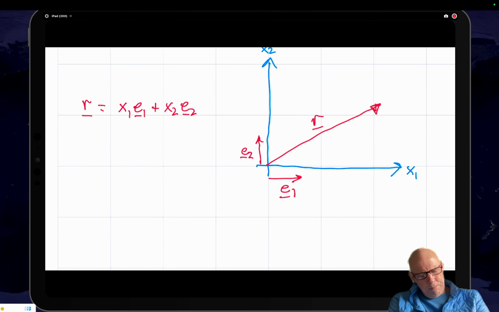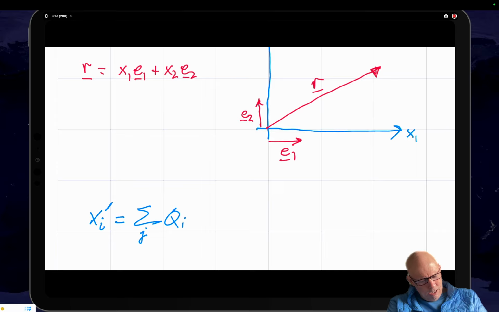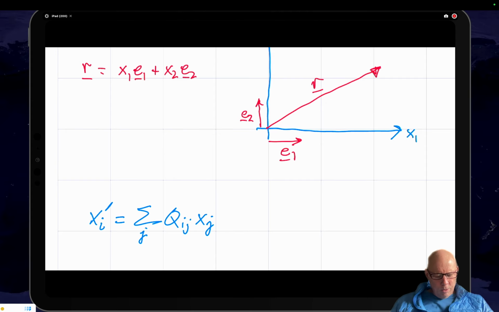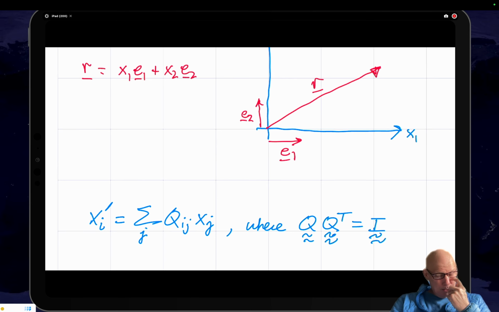And some of you might be used to the idea that if we carry out a rotation of coordinates, then we can write the coordinates in the new coordinate system as a linear transformation of the old coordinate system, where we have orthogonal matrices, meaning that Q times Q transpose is equal to the identity.